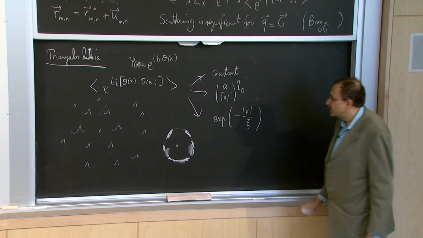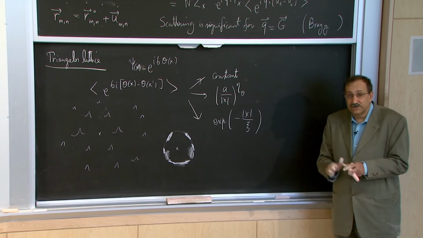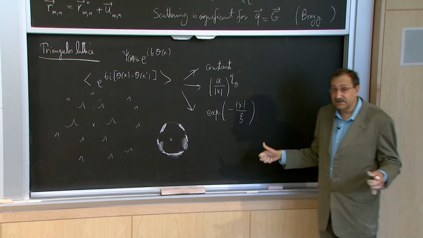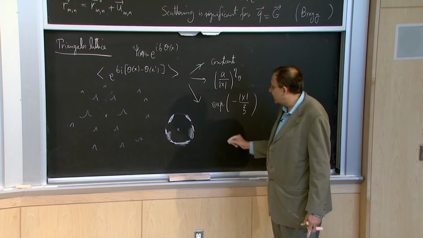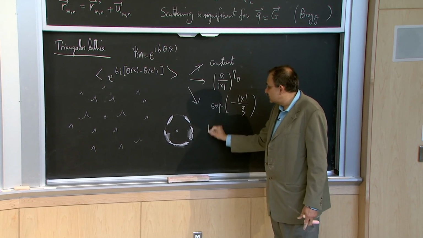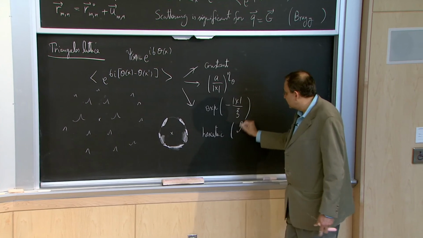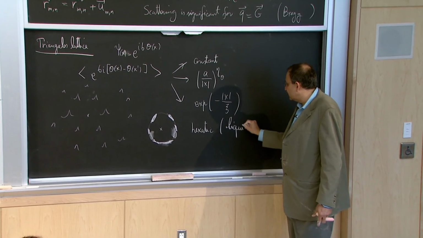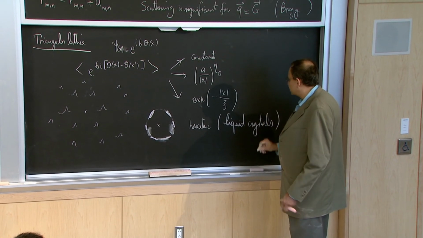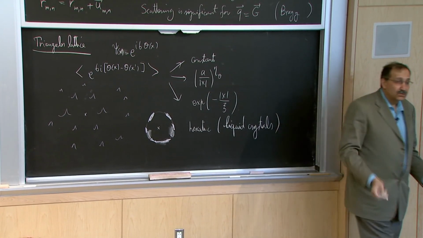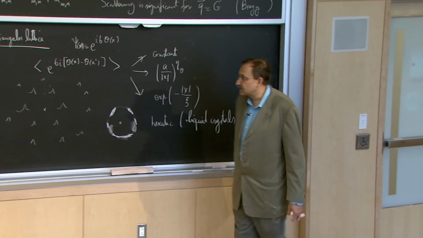Okay? So this phase has no knowledge of where the particles are located, but knows the orientations. It's a kind of a liquid crystal. It actually has a name. It's called hexatic, but it's one of a family of different types of materials that have no translational order, but some kind of orientational order that are hexatics.